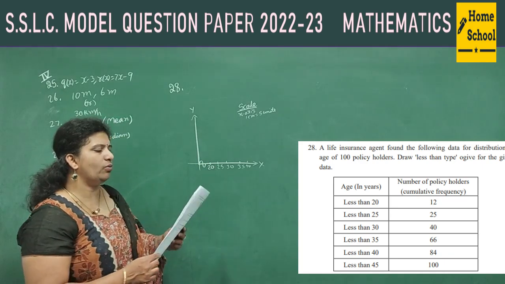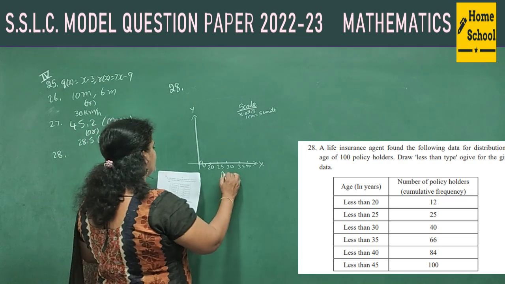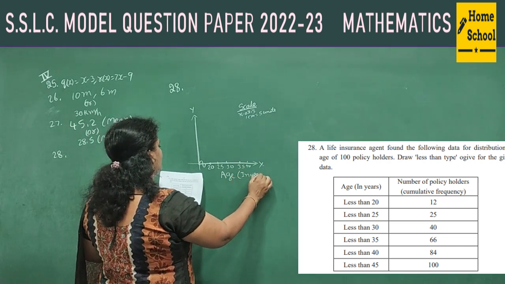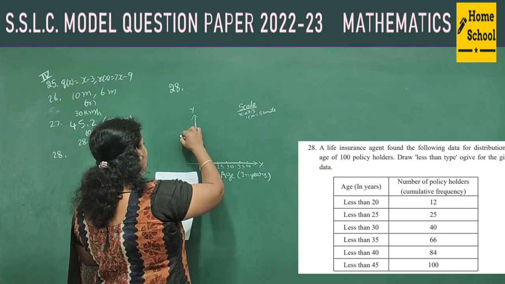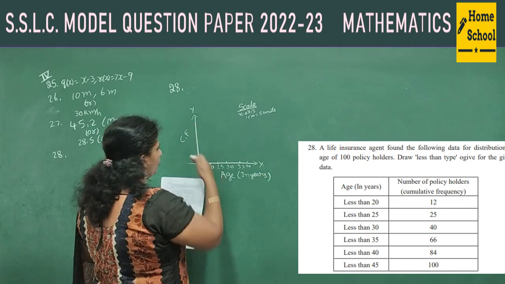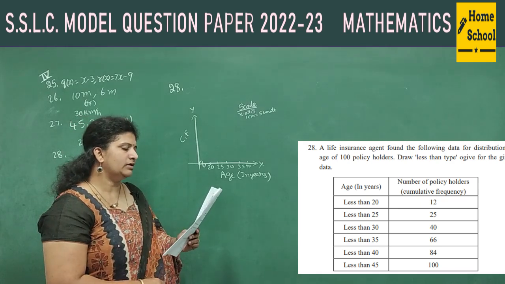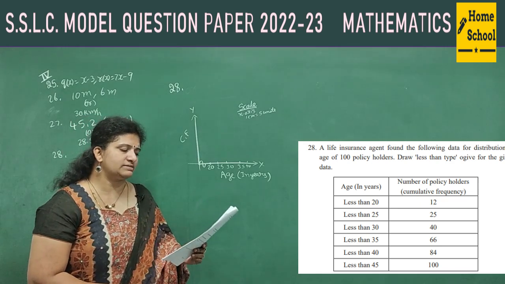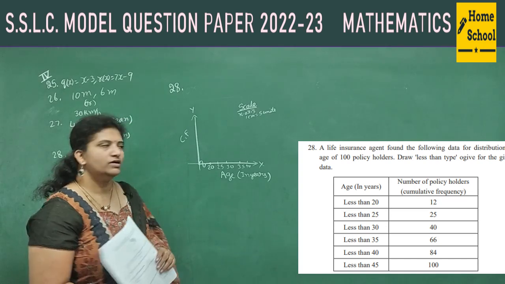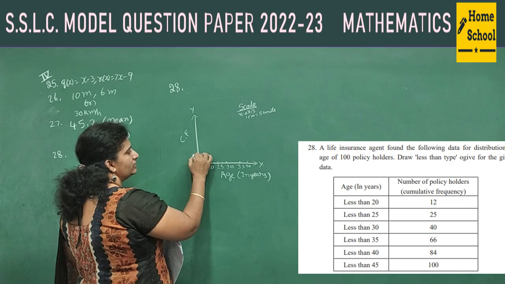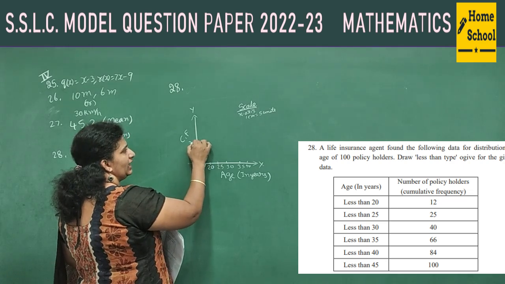Right? And now coming to y-axis, this is age in years and this side cumulative frequency, number of policy holders you can write. And what about your scale here? 12, 25, 40, 66, 84, 100 you have. So same manner you can take here 10, 20, 30 like that.